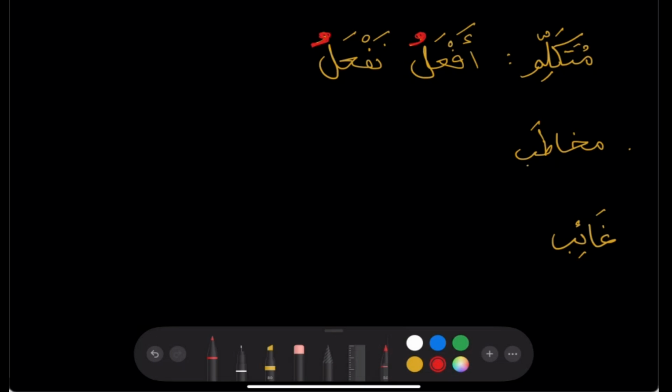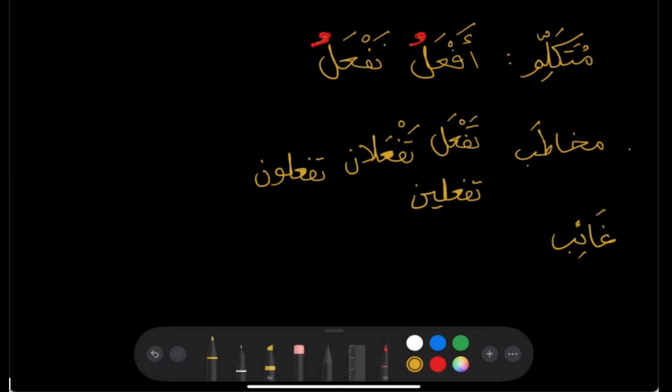Mukhatab, you say, yani, when you're speaking to someone, that's you. So you say you, anta, taf'alu. Antuma, you two, taf'alani. Antum, you, three or more, masculine, taf'alun. Anti, you, female, singular, taf'alin.